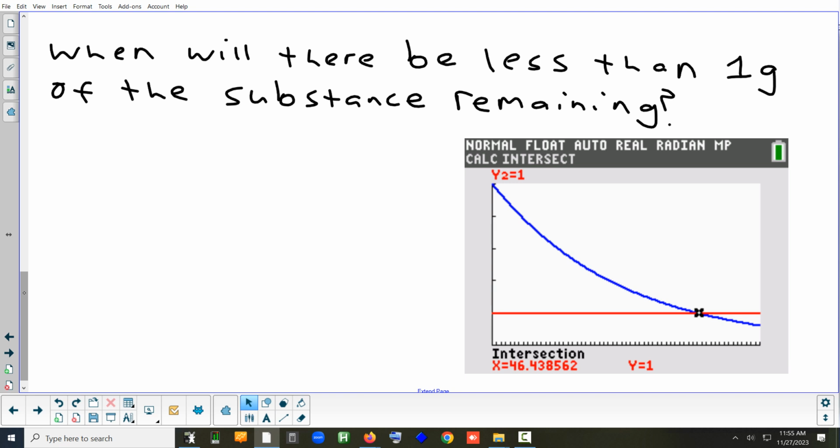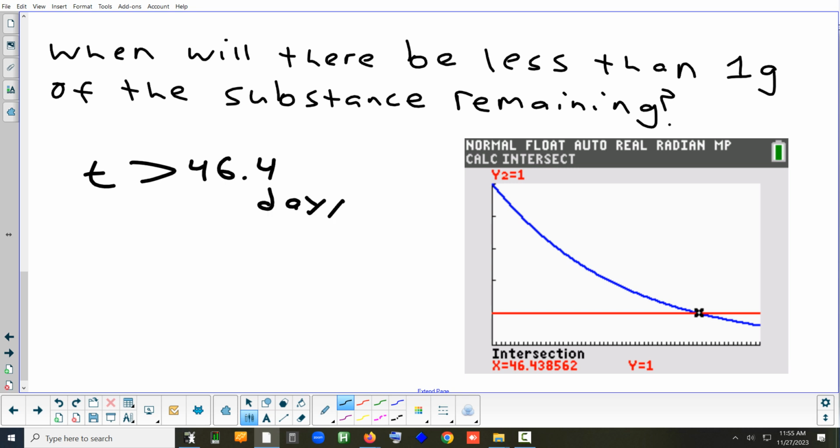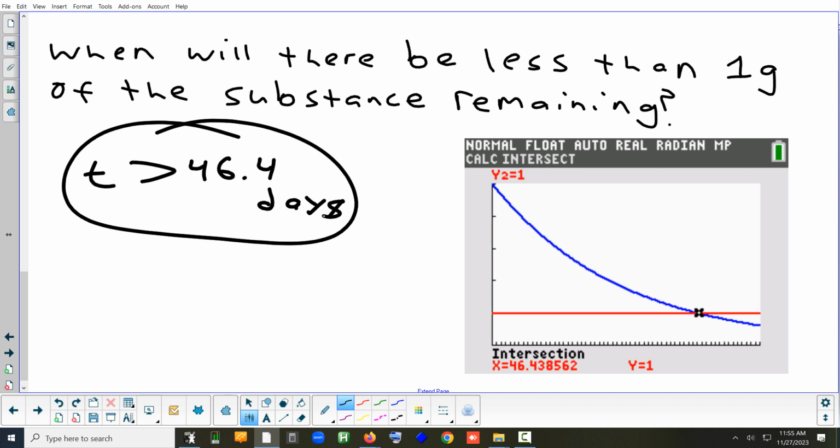Greater than, yes. Because the further you go, the more it decays. So any time after 46.4 days, time has to be greater than 46.4 days.